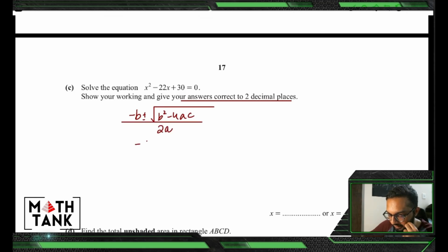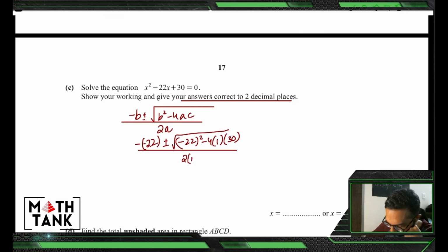So minus b plus minus root of b squared minus 4ac over 2a. So I can then put it on a calculator and say that it's 22 plus minus.